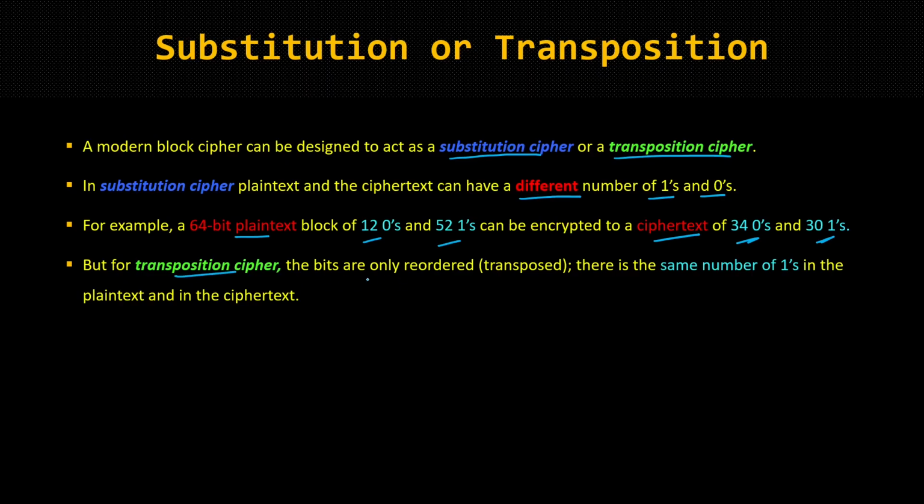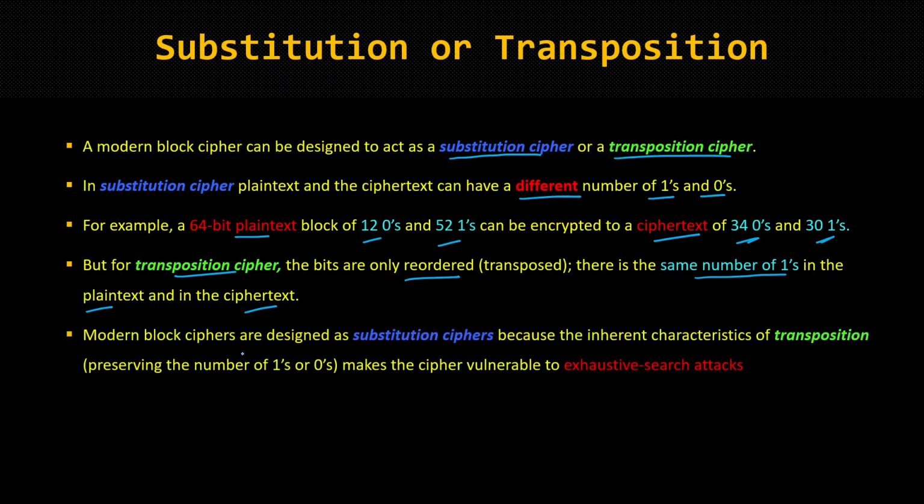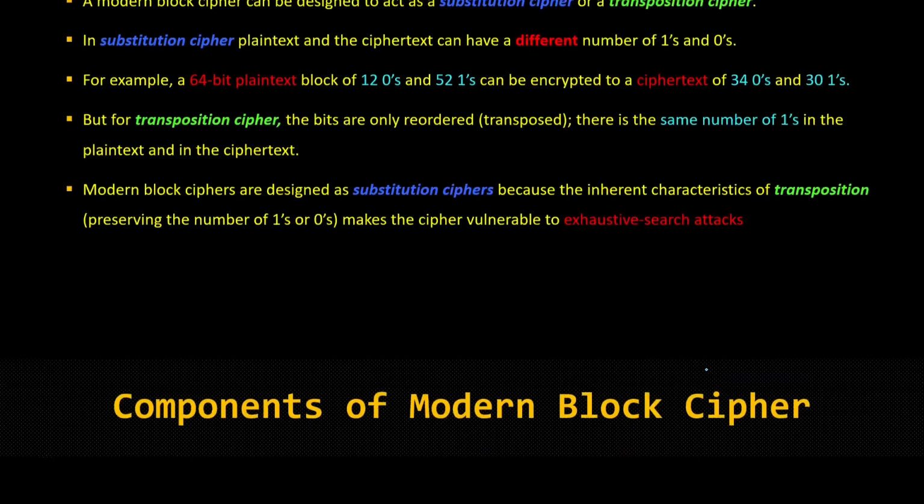In a transposition cipher, the bits are only reordered. That is, there is the same number of ones and zeros in the plain text and the ciphertext. So modern block ciphers are usually designed as a substitution cipher because the inherent characteristic of a transposition cipher, which is basically preserving the number of ones and zeros, makes the cipher vulnerable to exhaustive search attacks.